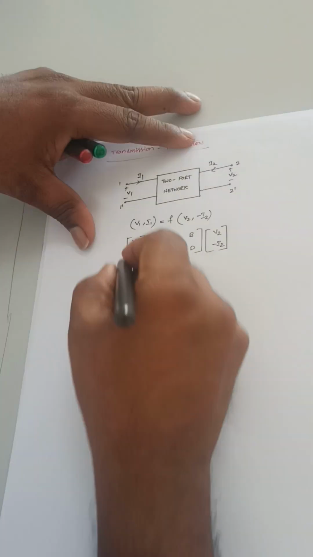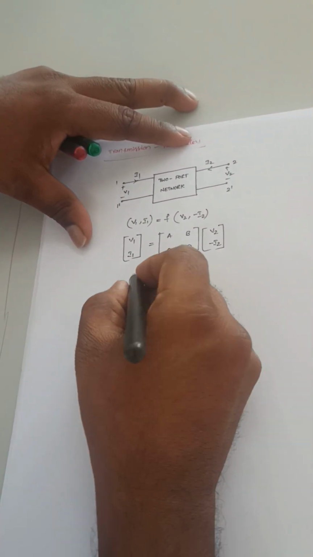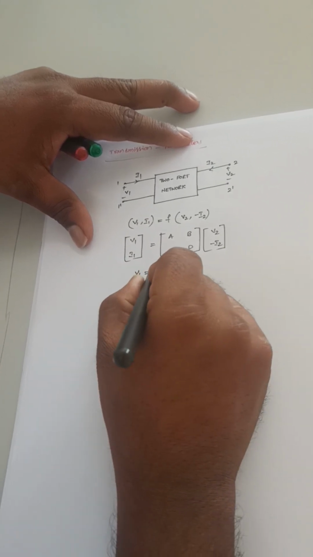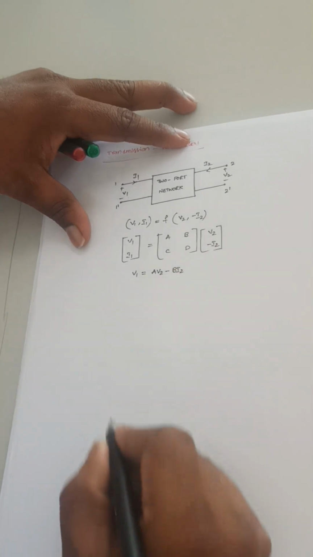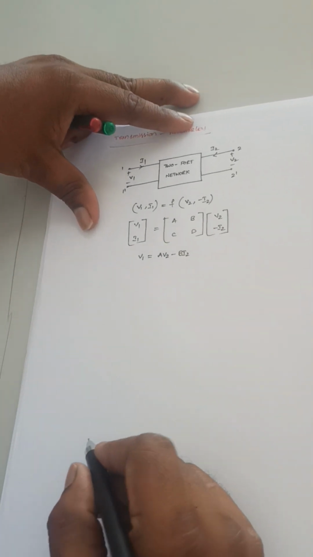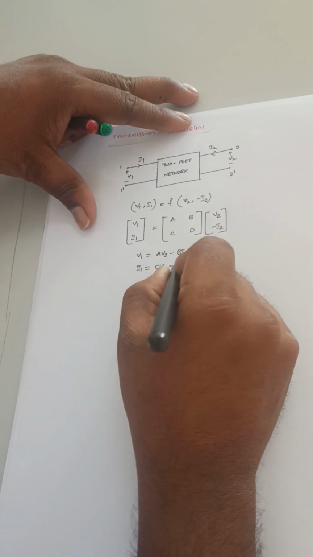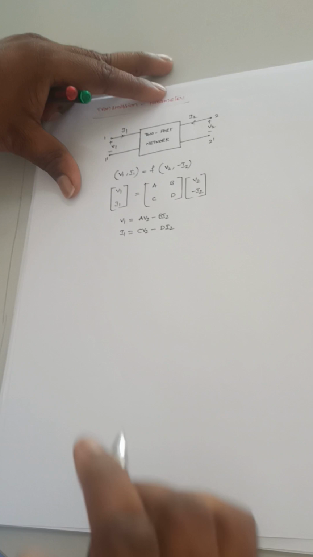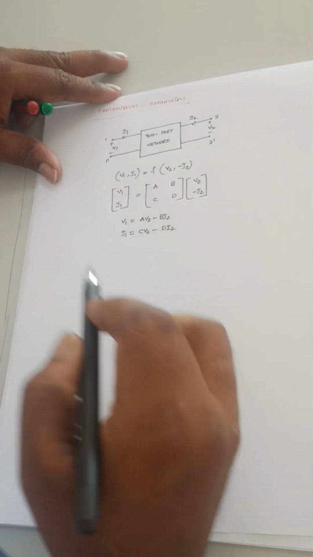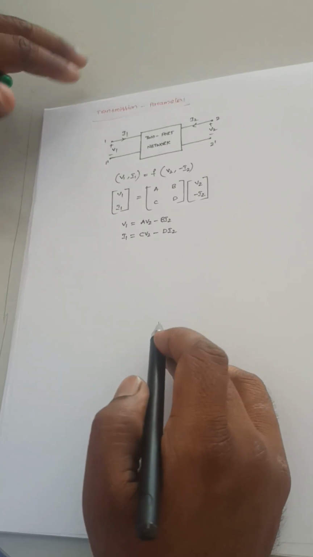Now if I write this in equation form, V1 is equal to AV2 minus BI2 and I1 is equal to CV2 minus DI2. These A, B, C, D are the transmission parameters or ABCD parameters.